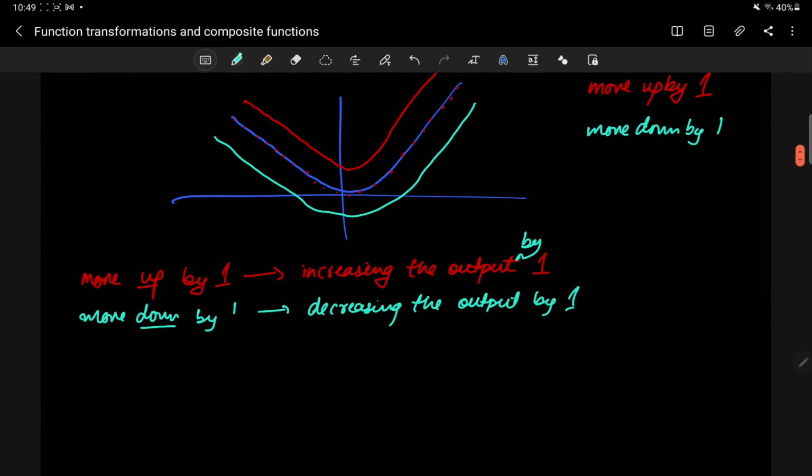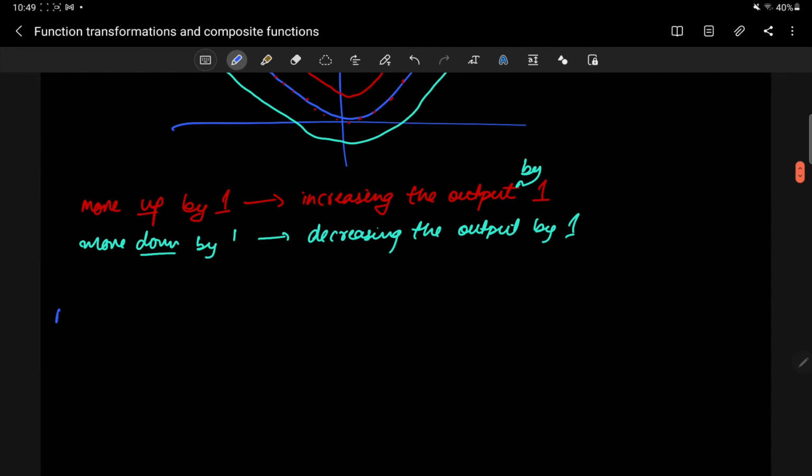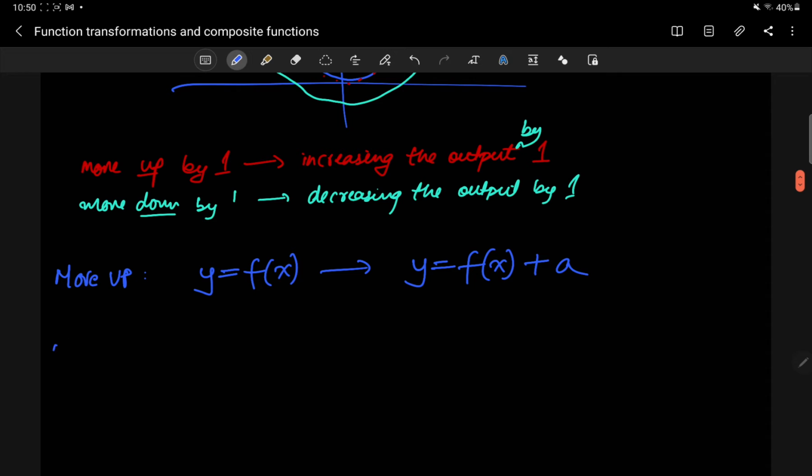So algebraically, what is happening is this. Move up means you are going from the function y equals f of x to the function y equals f of x plus a. Move down means you are going from the function f of x to y equals f of x minus a.